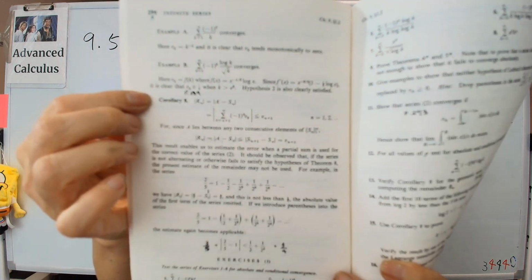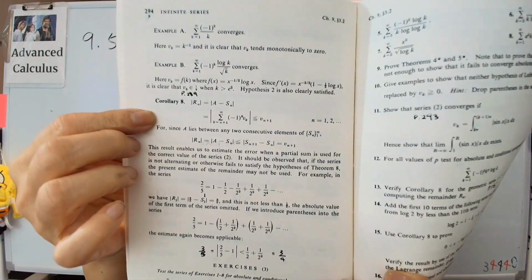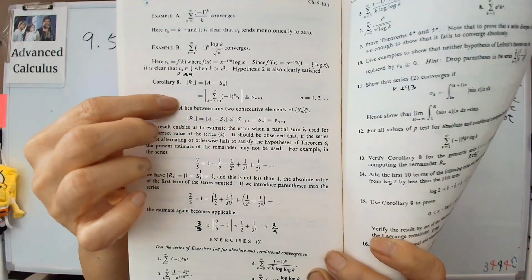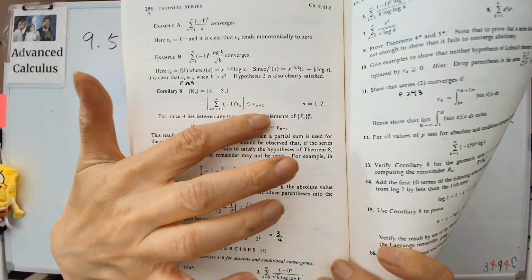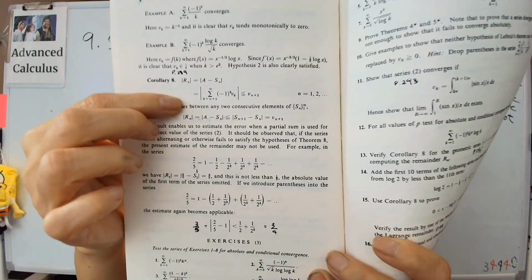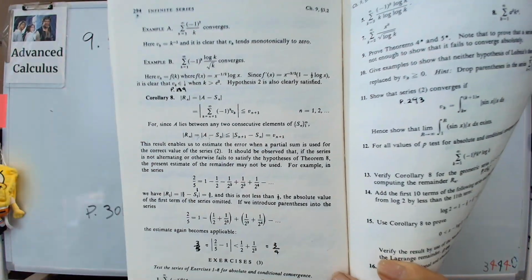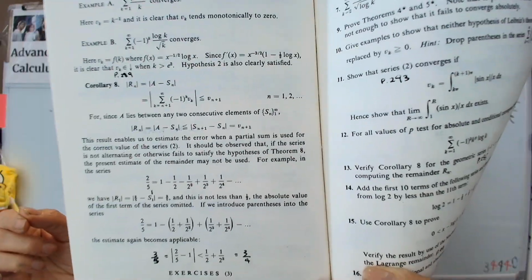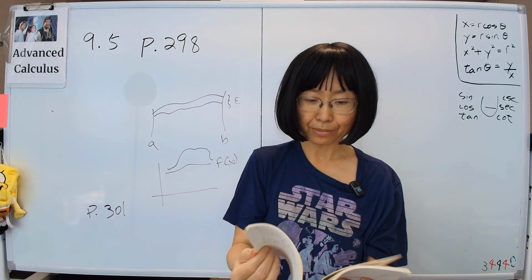Corollary 8 on 294 states that for alternating series, the difference between the limit and the partial sum is less than the very next term, that is, v of n plus 1. So with that, we can use that piece of information here.